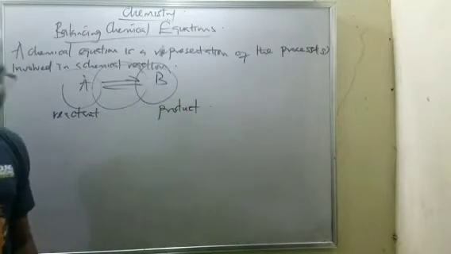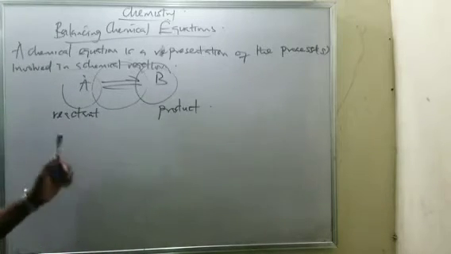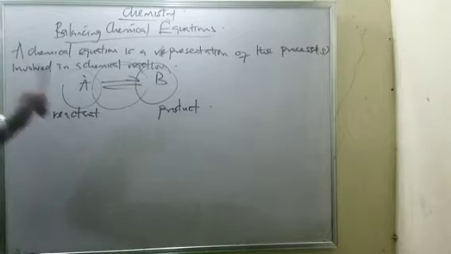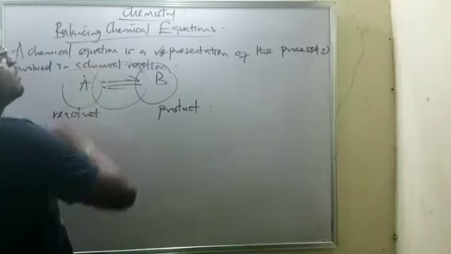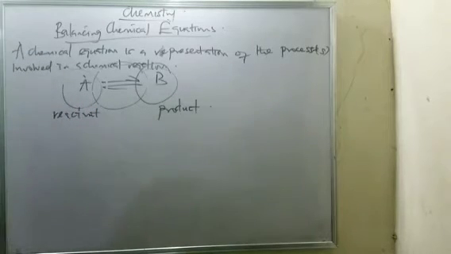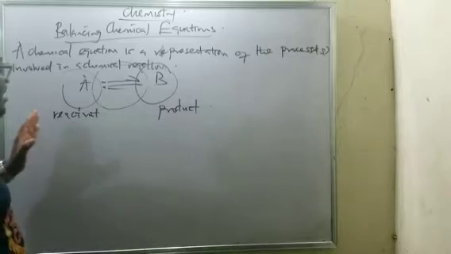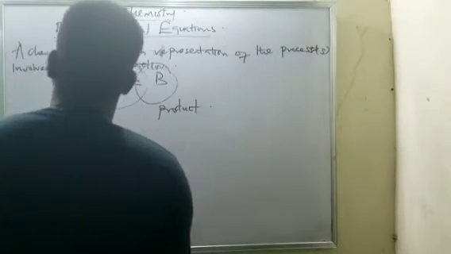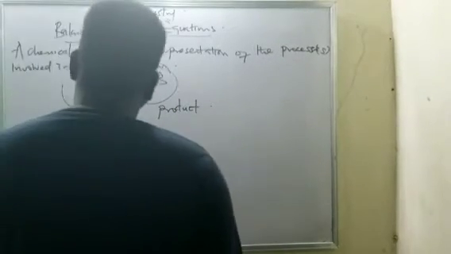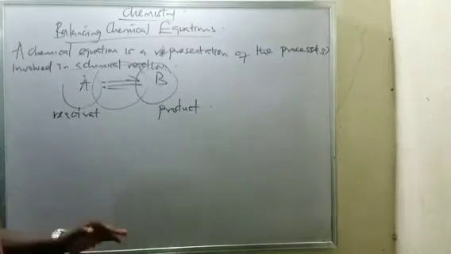Please take note of something. Anytime you see a reaction or an equation, no matter the number of products or the number of reactants, whatever is on your left hand side is definitely the reactant, and whatever is on your right hand side is definitely the product.